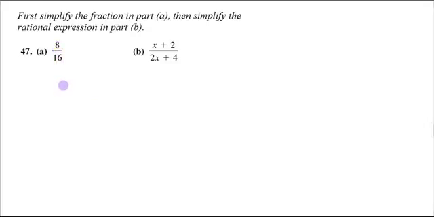So here, I'm looking at 8 and 16, and I think, well, 8 goes into both of those. So 8 is 8 times 1, and 16 is 8 times 2. And here, I have that common factor of 8. I'm able to get rid of that. It makes it a 1/2.